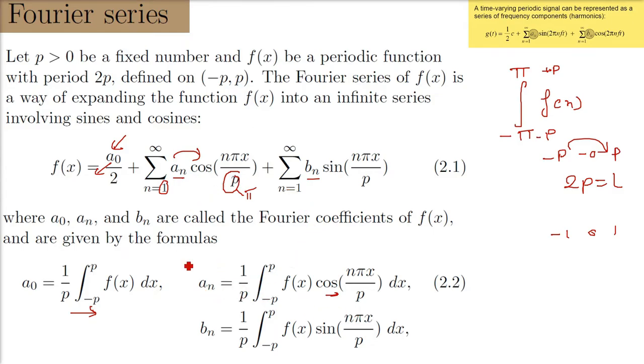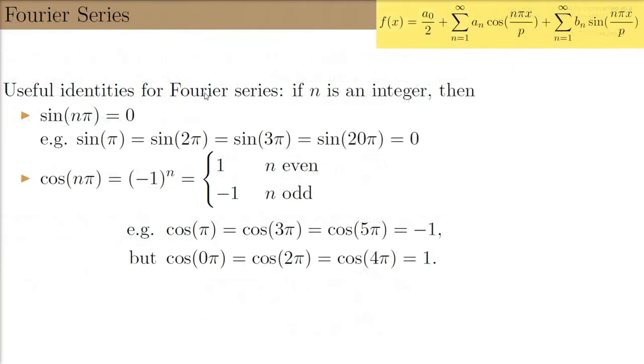For example, you are going from minus pi to pi, or minus 1 to 1, or minus 2 to 2. So this p is actually this value. And then we have three different coefficients, and these weights will tell you which part has more weight and which has lower weight. And that will make a waveform, and that waveform will be the Fourier series waveform.